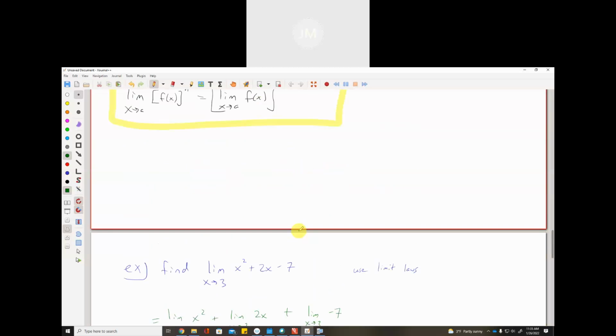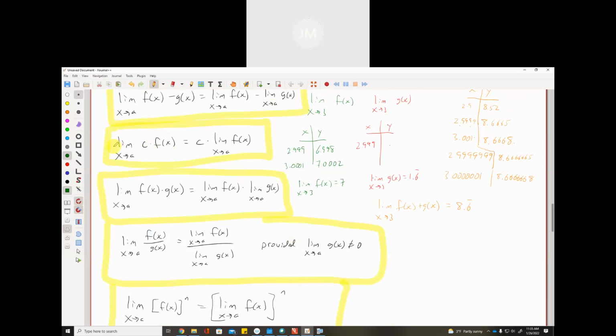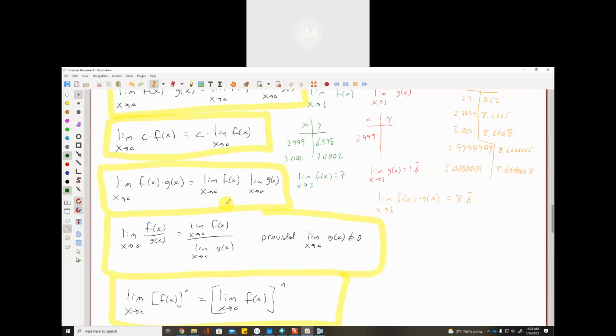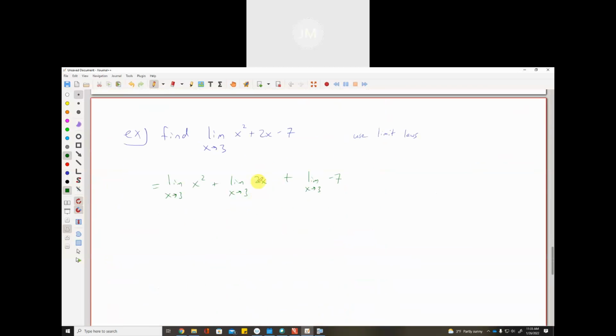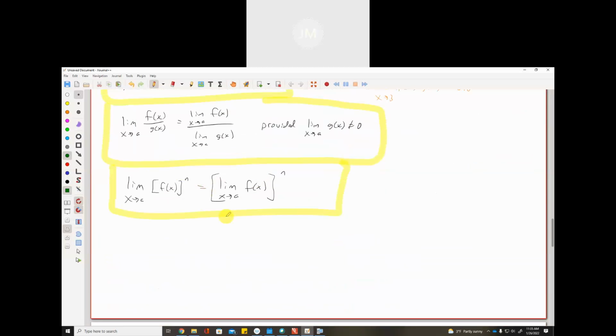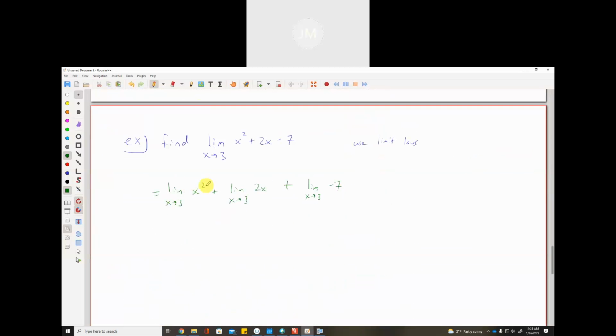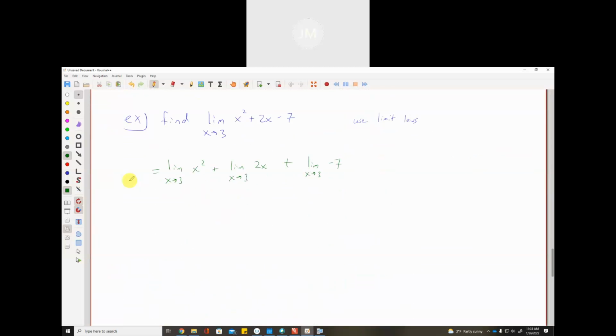Okay. And then I can use my constant multiples limit law to factor out a constant multiple out of the second one. I can use this last limit law with exponents to bring the limit inside for the squared. Okay, so I could write this as a limit as x approaches 3 of x squared plus 2 times the limit as x approaches 3 of x plus the limit as x approaches 3 of negative 7.